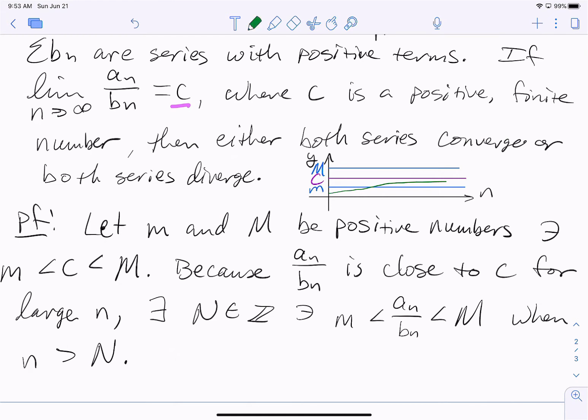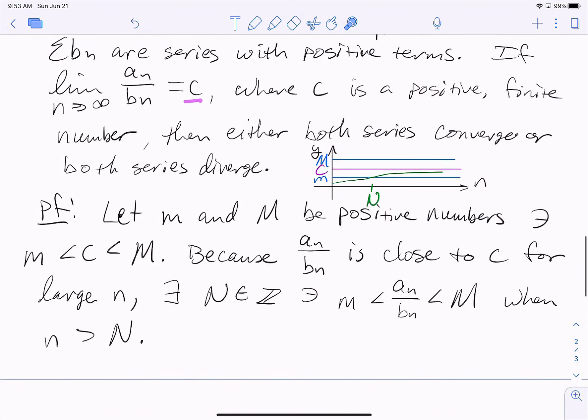So at some point, we'll call that point uppercase N, and now what we're saying is for any indices to the right of this uppercase N, the green curve is closer to the purple curve than either of the blue curves is. And that's what this inequality says here.